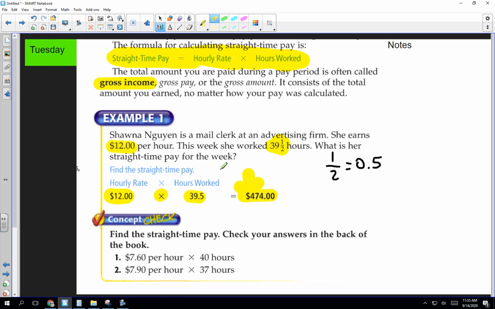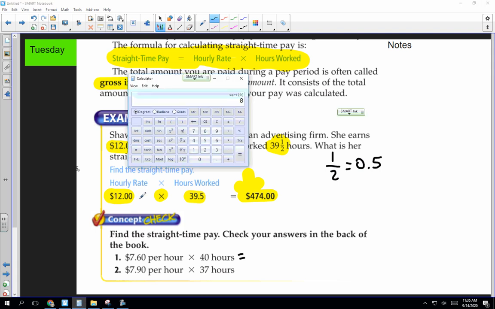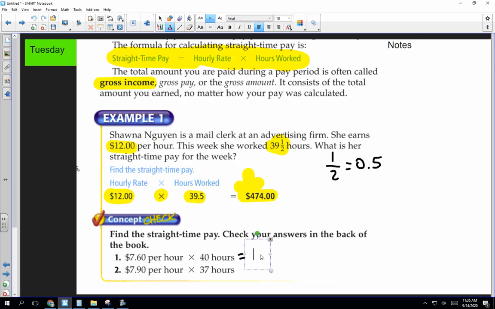Okay, we're going to do a couple of those calculations together here. This person makes $7.60 an hour, and she works for 40 hours. So we go 7.60 times 40. All right, $304.00.